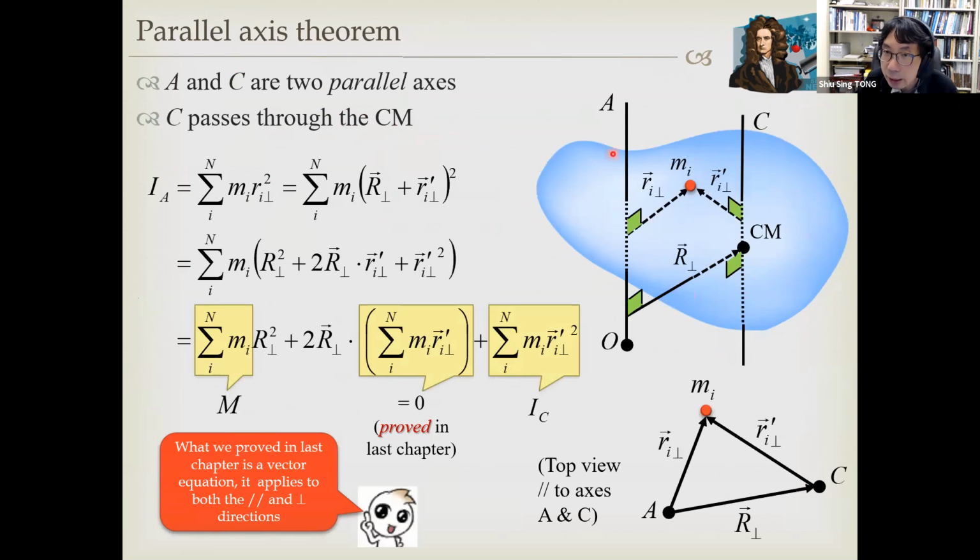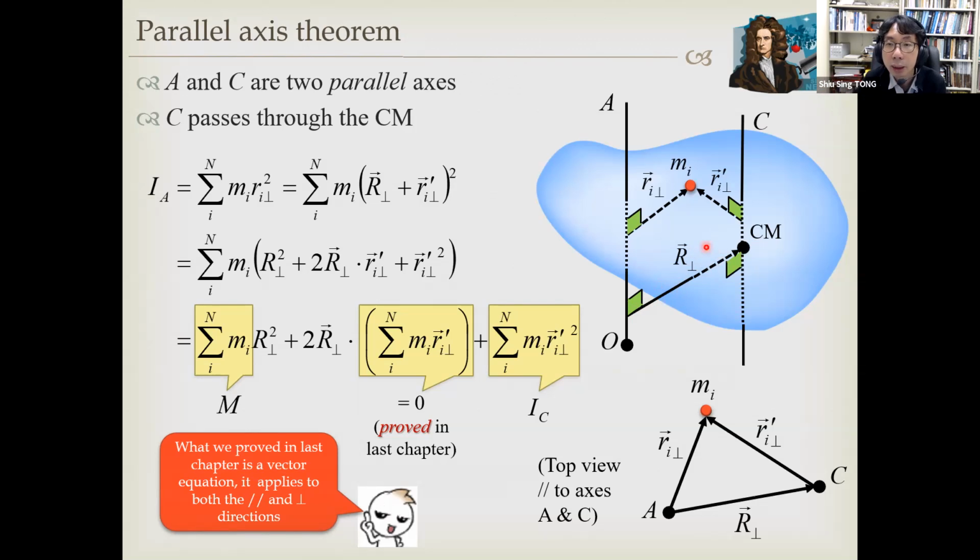We have axis C and axis A. Axis C passes through the center of mass, and the distance between the two axes is R-perp. Now I define R-perp to be a vector that points from axis A to axis C. This vector is perpendicular to the two axes.